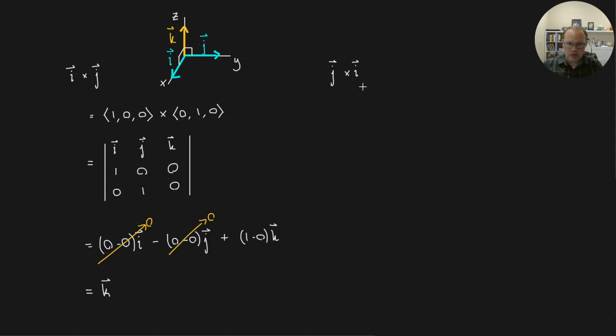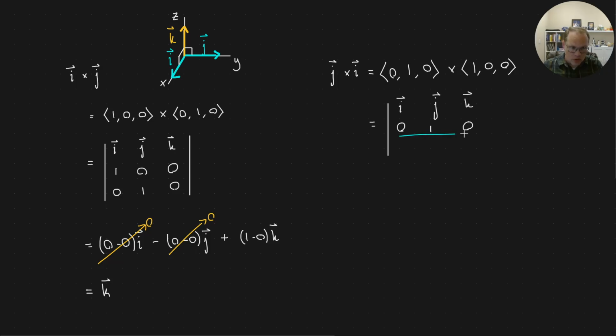Okay, so if I do j cross i, that's 0, 1, 0, cross 1, 0, 0. Set it up in a matrix. I could take the determinant. Remember, first vector goes first, so 0, 1, 0 would be the first row of terms that I put here. And then 1, 0, 0 would be the last row.